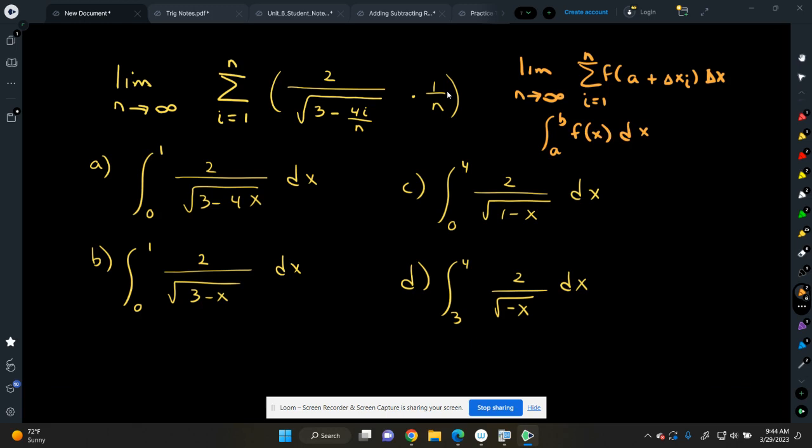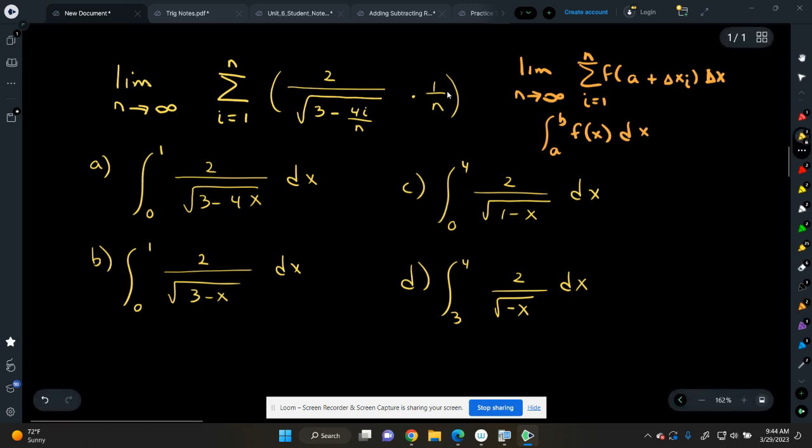And remember, delta x is equal to b minus a over n.